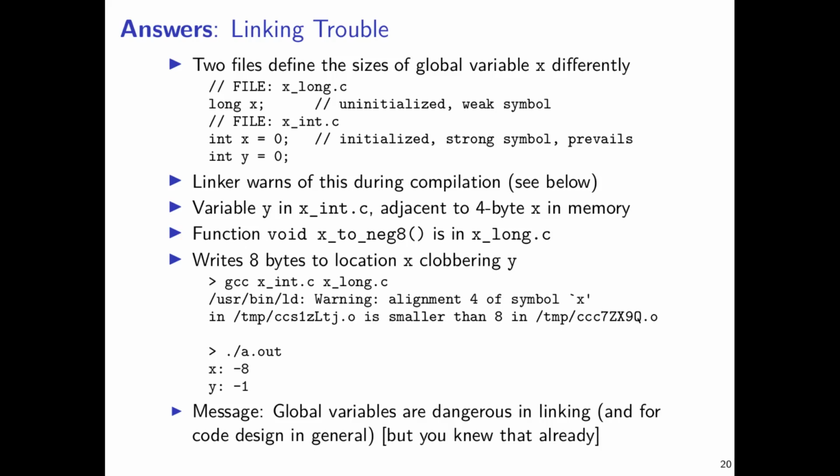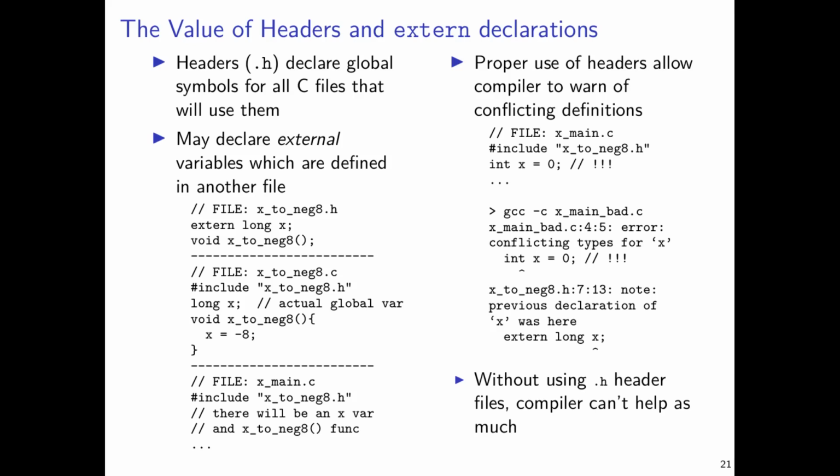Now, it is the case that eventually you're going to have some global stuff at stake. So this is where the value of header files comes in. Typically what you'll see in header files is a declaration of the types of various things. Often, if there is an actual global piece of data, what you'll see in the header file is a declaration that this is external to any of the files that are including the header.